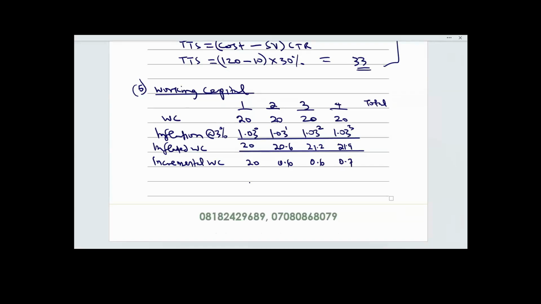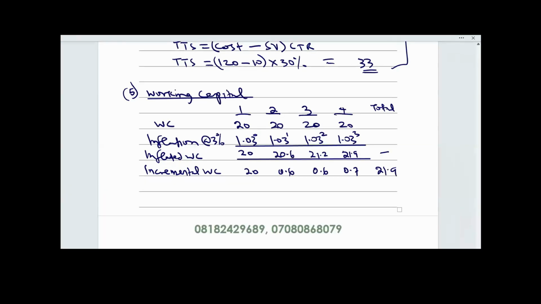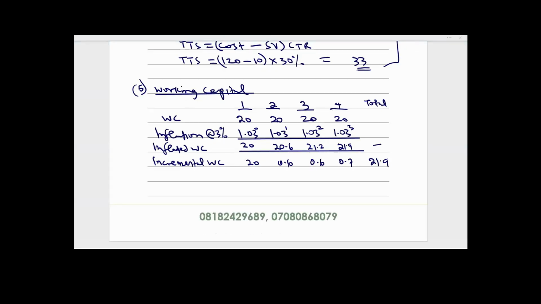So when you add up everything together, you must have a total of 21.9. Let me confirm. 20 plus 1.2 plus 0.7. Yes, that's 21.9.